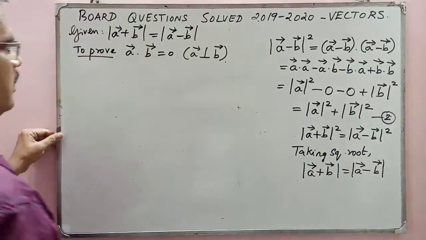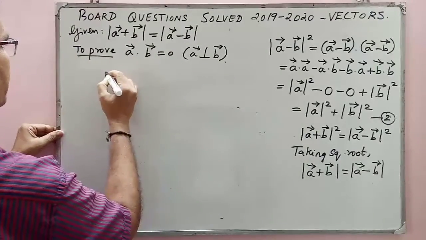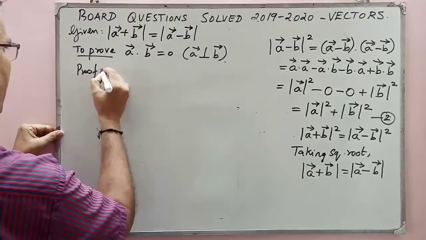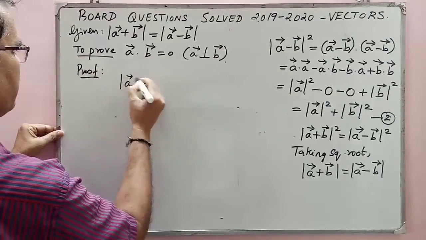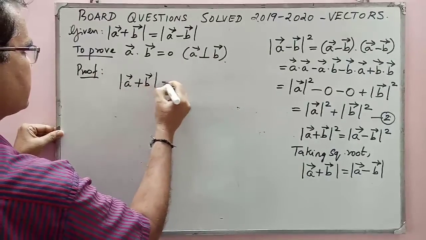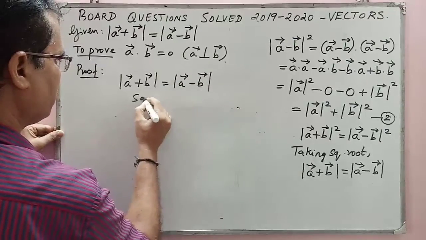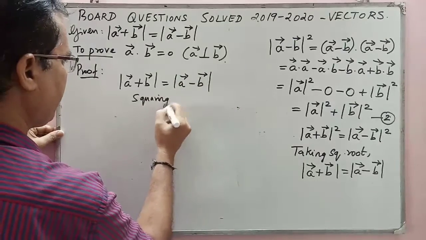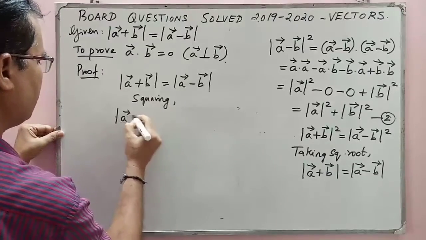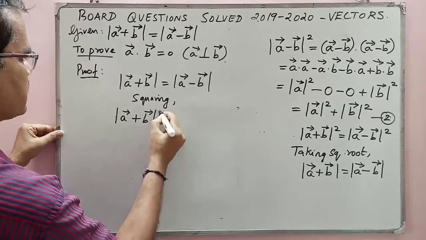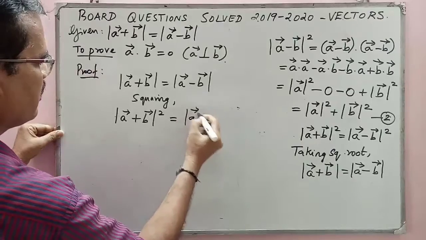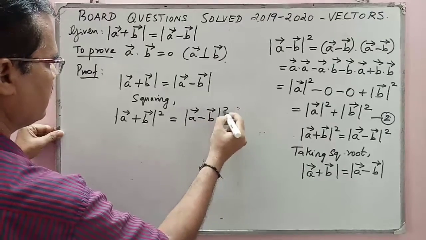Okay, let us start with this proof. A vector plus B vector modulus is equal to, we have to start with this, squaring on both sides. A vector plus B vector squared is equal to A vector minus B vector squared.